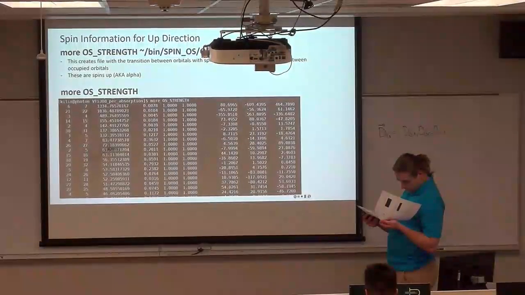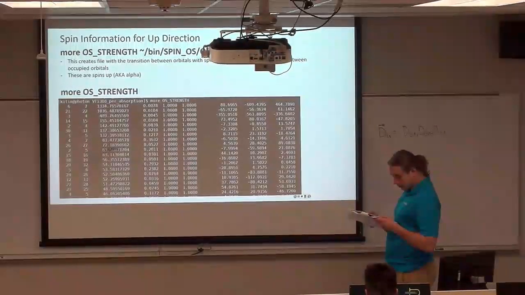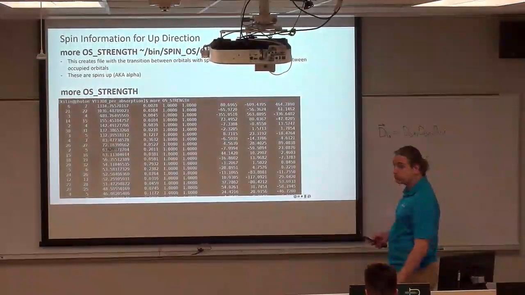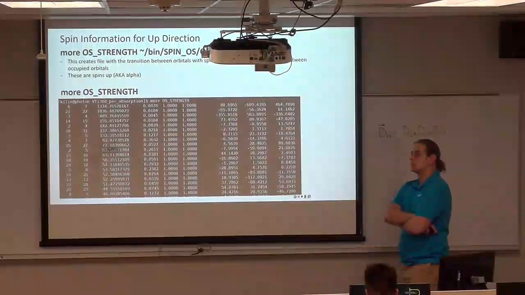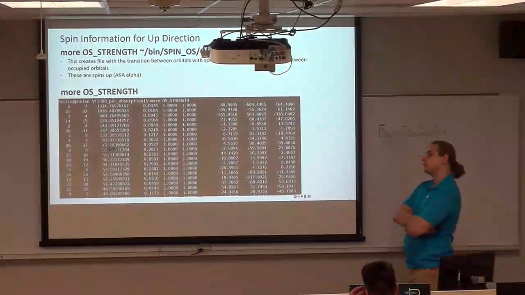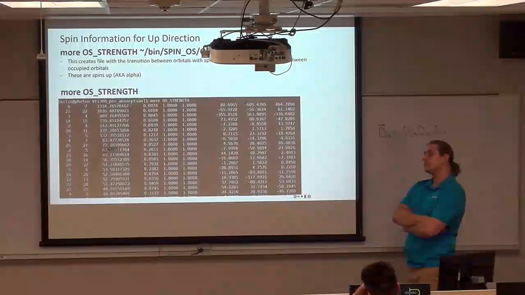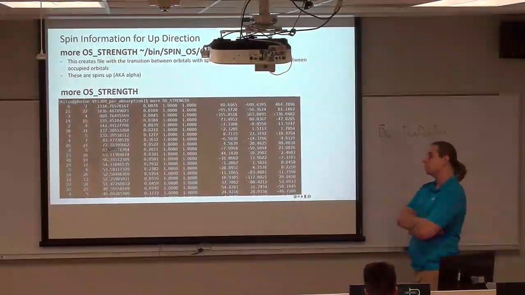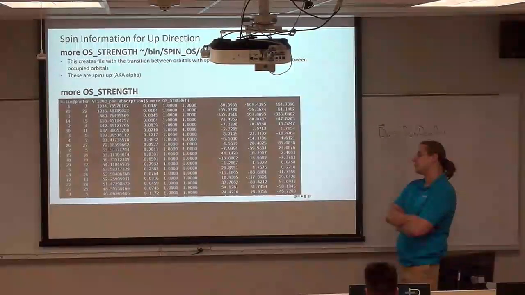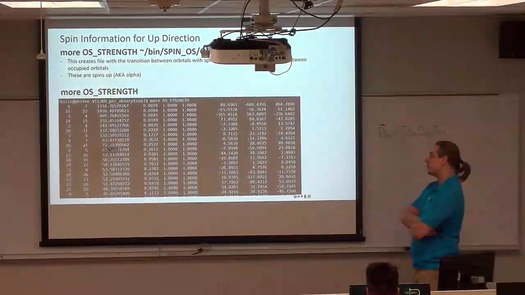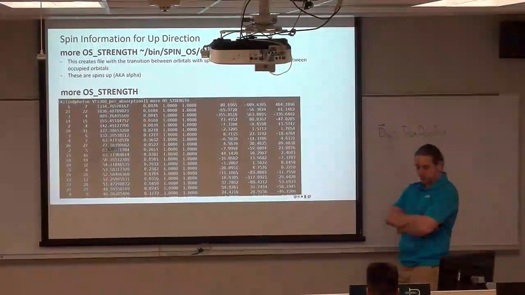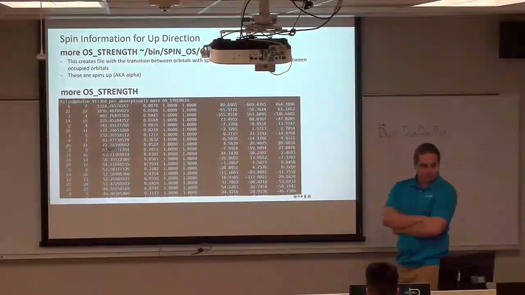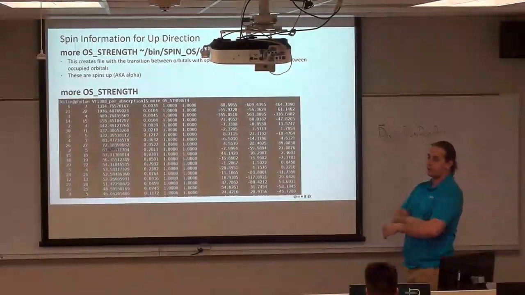Occupations. You're saying the number of electrons in the initial orbital, the number of electrons in the final orbital. Yes. So if your values there are 1 and 1, if your initial and final orbitals are both occupied with 1 electron, is it possible to have an optical transition between them? My understanding is you only need to have... Okay, you're saying no. Okay, fine. No.